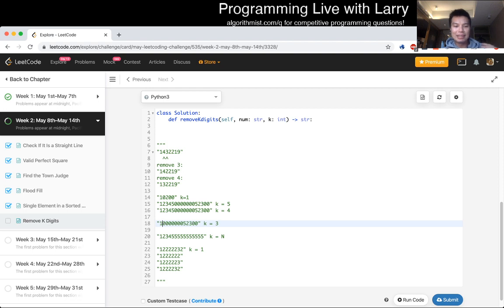And for me, that reminds me of the data structure, a stack. And so that's how I'm going to implement it with a stack, because we have the leftmost number, and yeah.